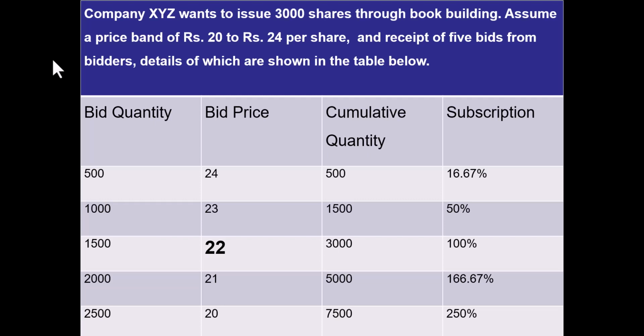So cumulative quantity is 7,500. So subscription is 250%. So that means this IPO is subscribed 2.5 times than what it was originally planned for. So at a bid price of 22, if you can see in the middle of it, the company has received the entire money.